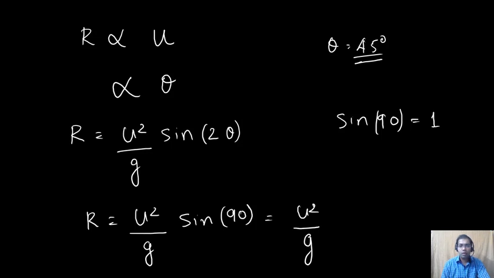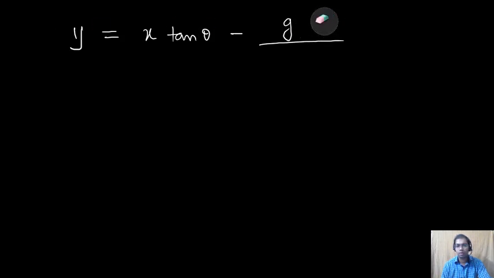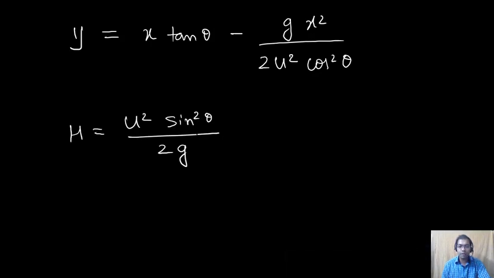So we can just quickly have a look. I have got my equation of projectile as y is equal to x tan theta minus g x square by 2u square cos square theta. Then we found the maximum height to be u square sine square theta by 2g.